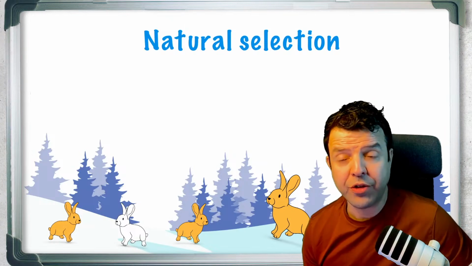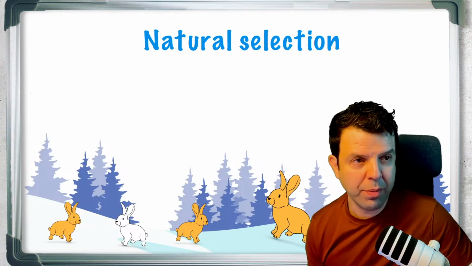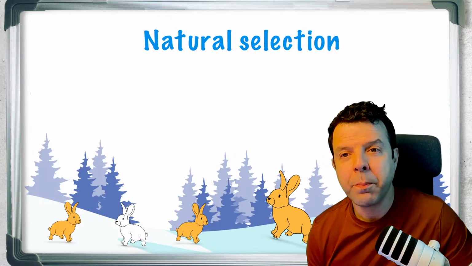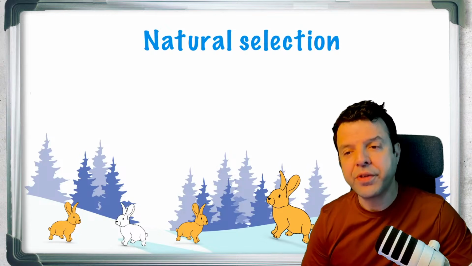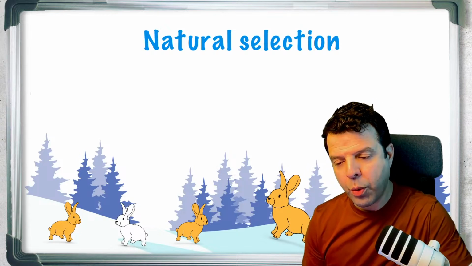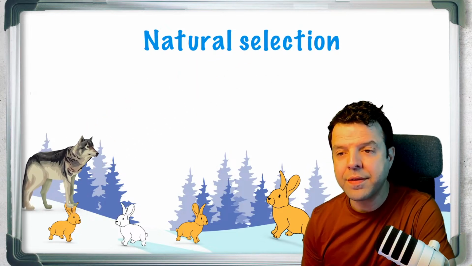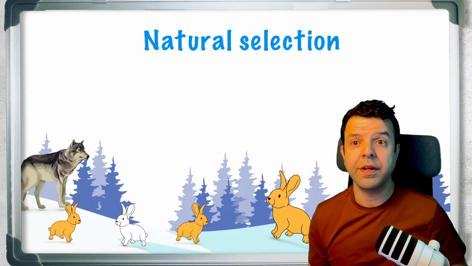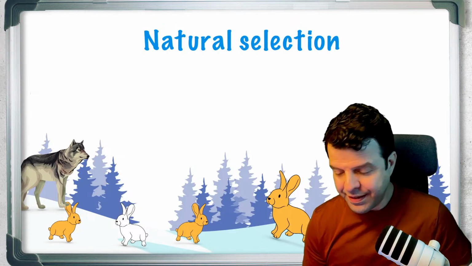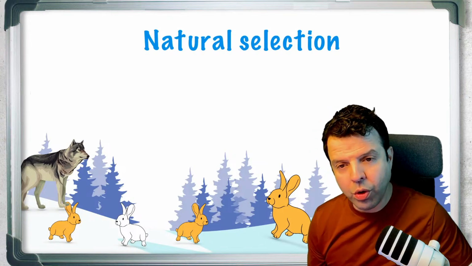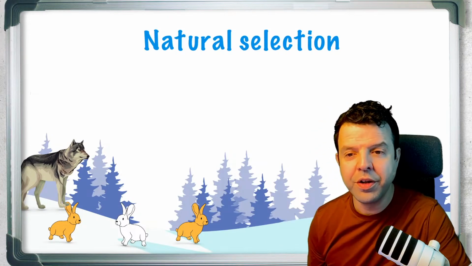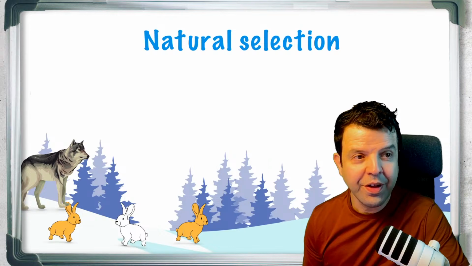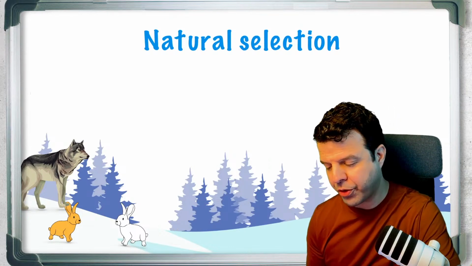Yeah, camouflage. So the selection pressure is the environmental factor that would pick and choose the better adapted one. So maybe something like this, right? Predator. This will hunt all the non-adapted, those that don't have the fur color.